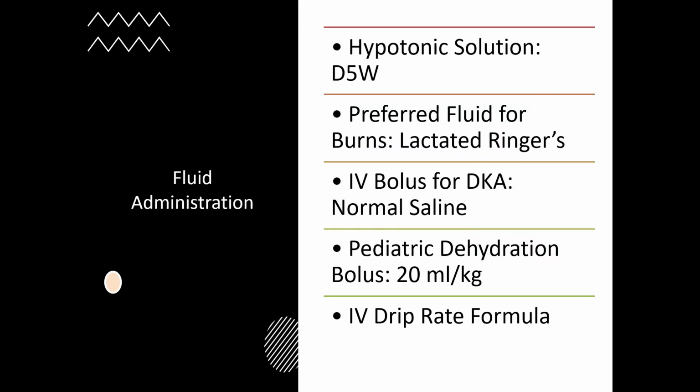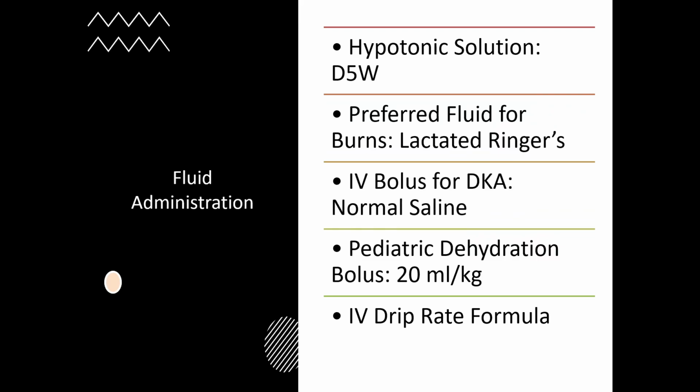its potassium content. Normal saline is the best fluid, again, for DKA, for the opposite reasons of LR. DKA patients tend to be hyperkalemic, and they do not need the extra potassium that LR provides. LR contains lactate, which is converted into bicarbonate.